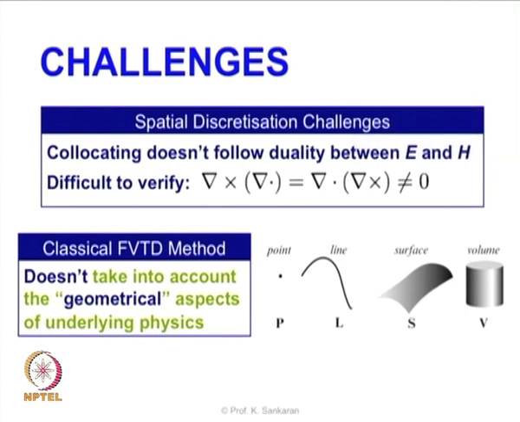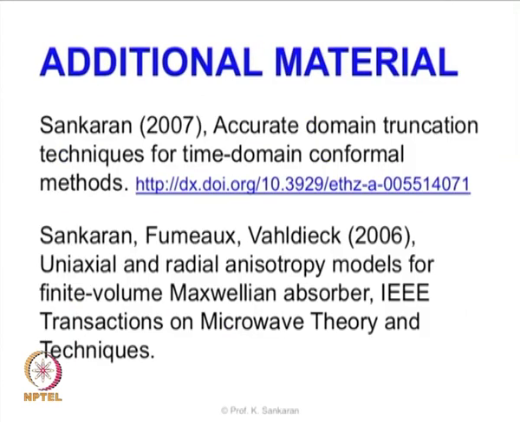Before we finish off with this module, what I wanted to give is some additional material. This is my PhD thesis, which is also available online using this link, or you can just Google search this particular topic. It basically discusses all the topics and all the equations that we have discussed in this module. It is titled accurate domain truncation techniques for time domain conformal methods. The most important method we focus on here is the finite volume time domain method.